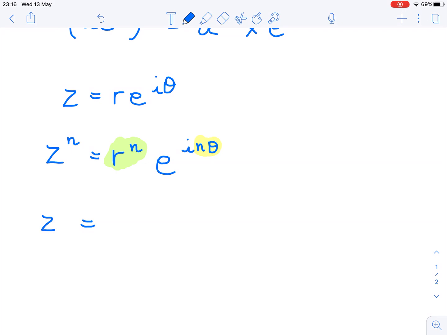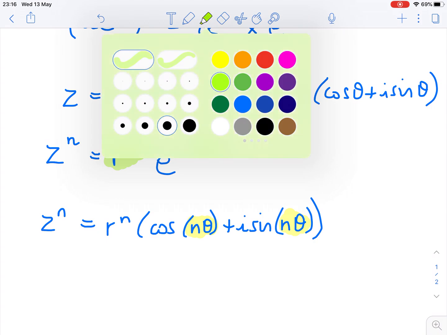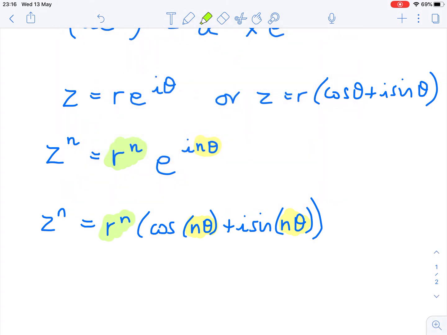If I write this in modulus argument form, if z equals r lots of cos theta plus i sine theta, modulus r argument theta, then z to the n is equivalent to r to the n cos of n theta plus i sine n theta. So I have my new argument n theta, so the argument is multiplied by the n value, whereas the modulus is raised to the power of n.